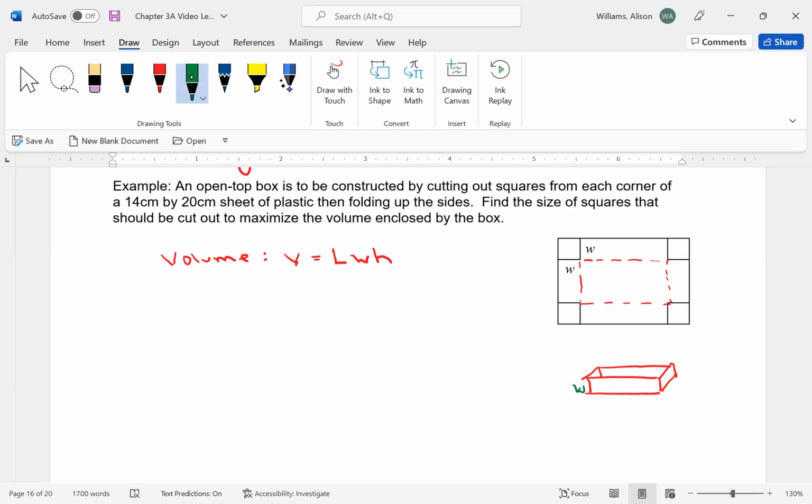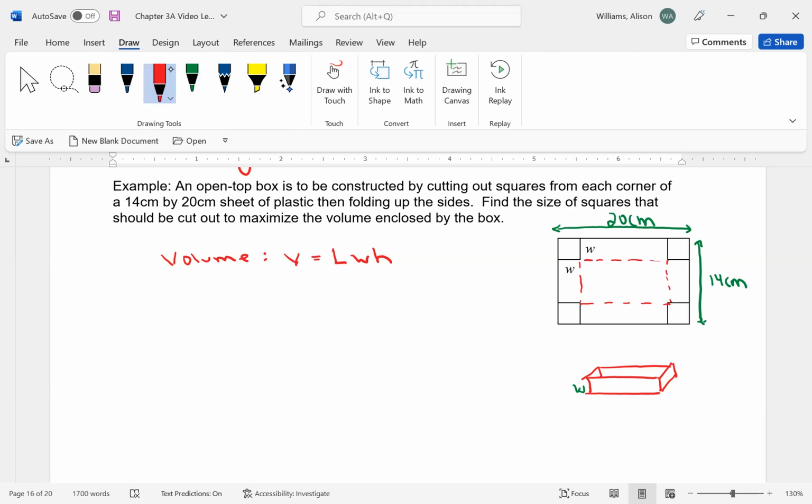They told us that this length is 20 centimeters, and that this length here is 14 centimeters. But we're removing W from both of those on either side.